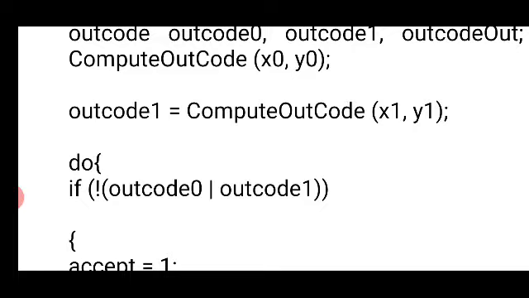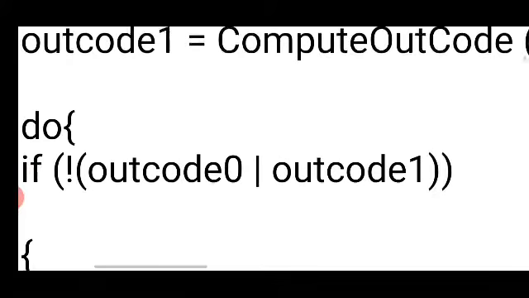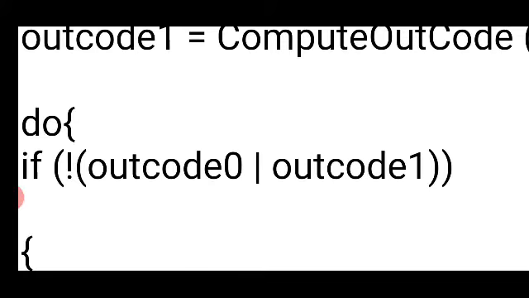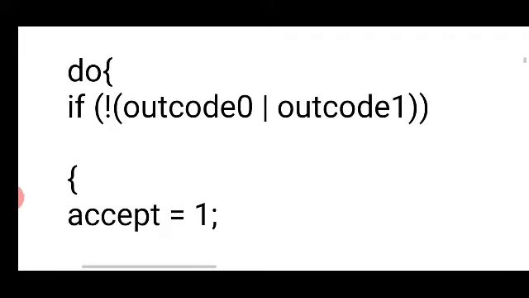The second step is to perform an operation on these two outcodes, outcode 0 and outcode 1. If outcode 0 OR outcode 1 returns a 0 value, that means the line is completely inside the clipping window.